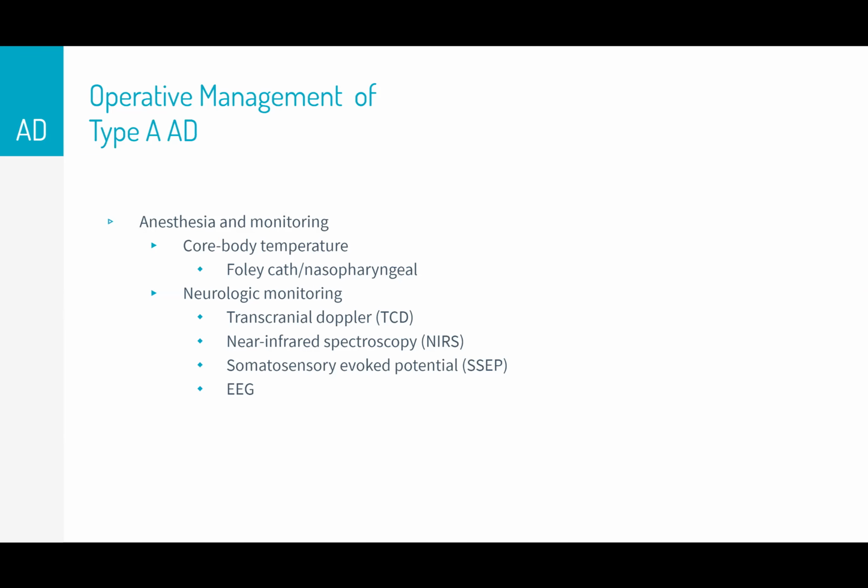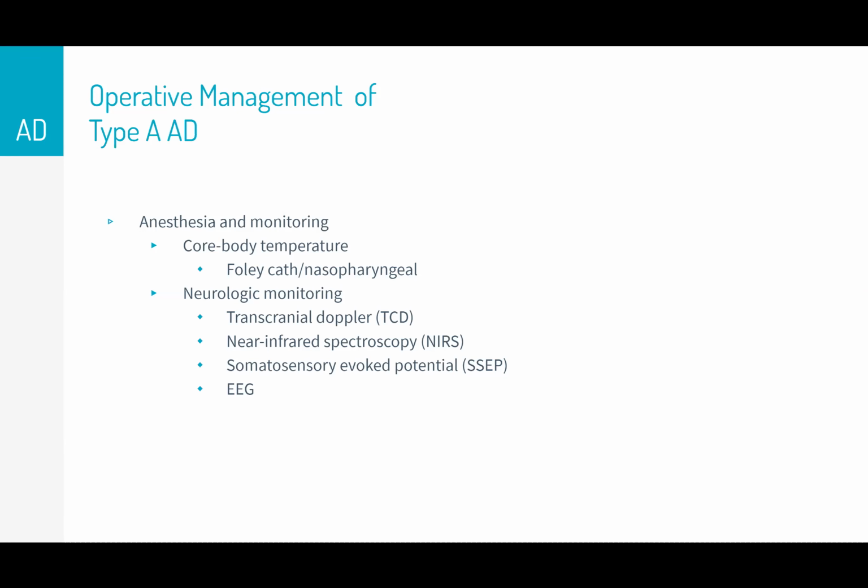So shall I continue, or any addition? Yes, please continue. Okay. So to add to the anesthesia monitoring part, you will need to monitor the core body temperature. Usually this may be done by either a Foley cath probe or a nasopharyngeal probe. Also, you will need the neurologic monitoring.